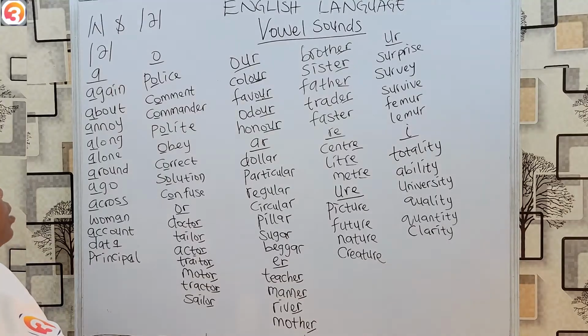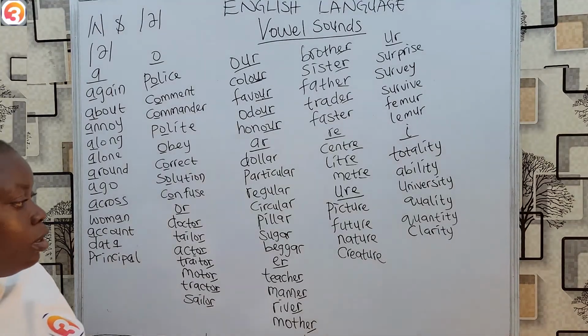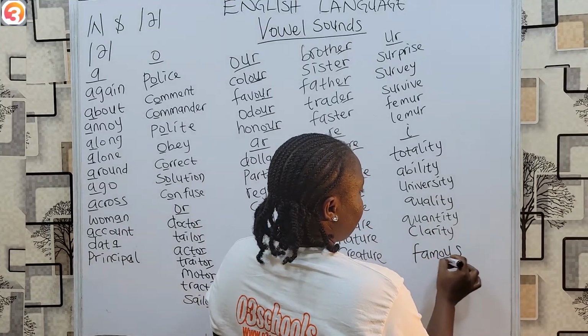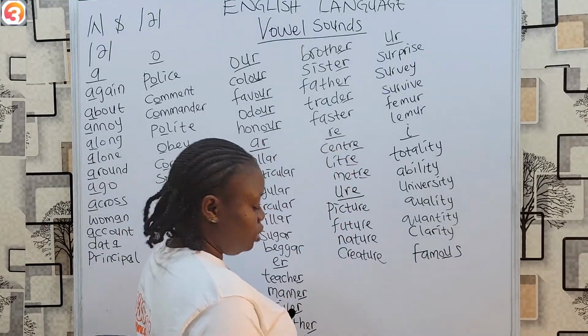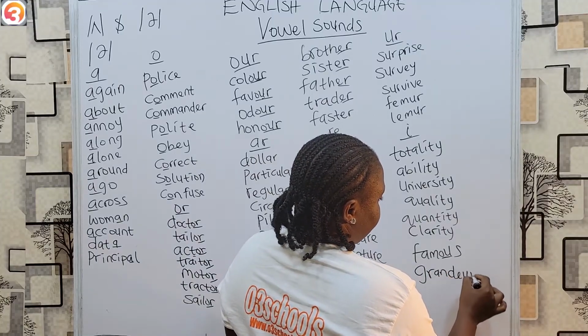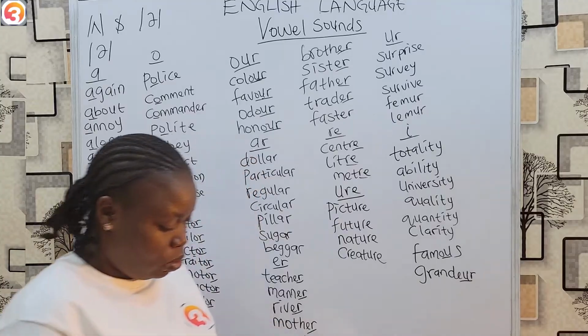So words like this contain the weak sound. We can also have famous, which also contains the weak sound, grandeur. The weak sound is also there.